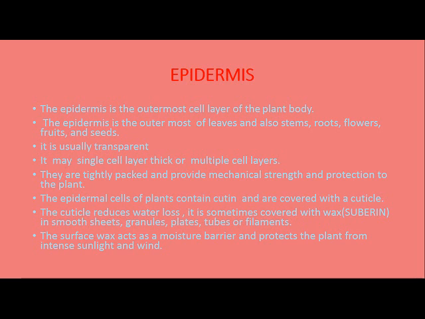This epidermis is present in each and every part of the plant. It is present on the leaf, stem, root, flower, fruits and the seed. It is present everywhere, and usually it is transparent. In most of the plants it is transparent, however in certain plants it has got a typical color.